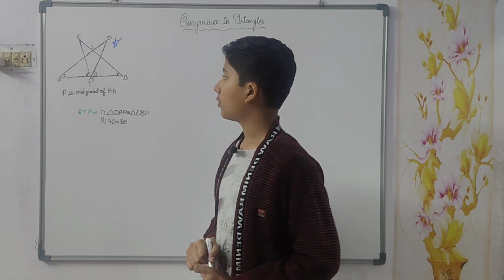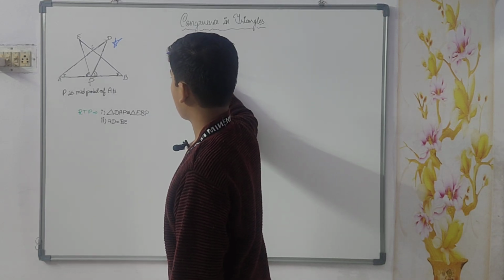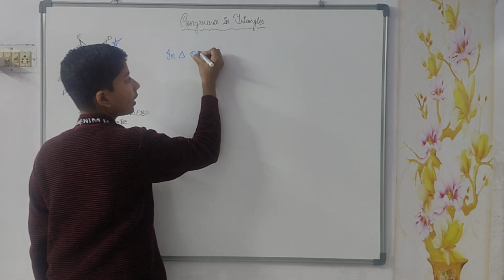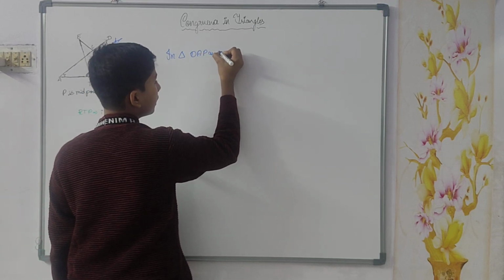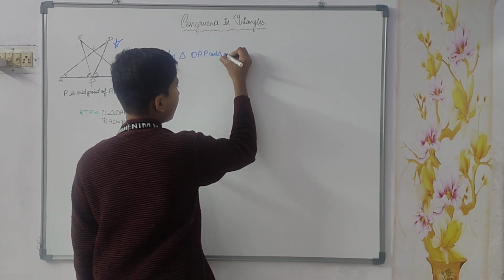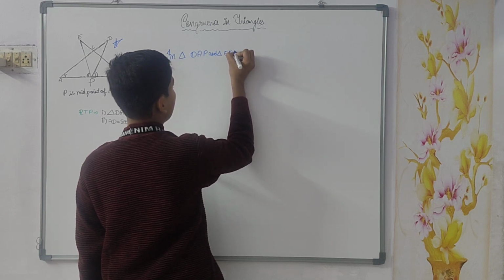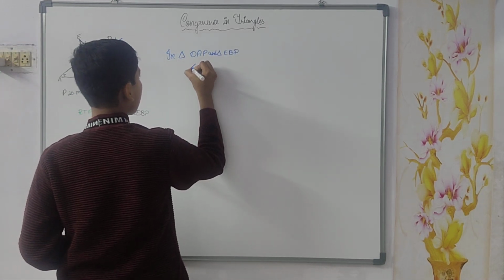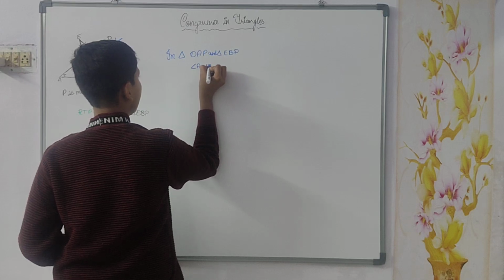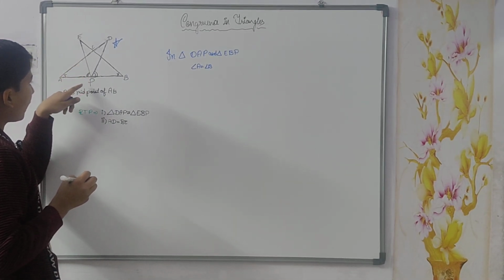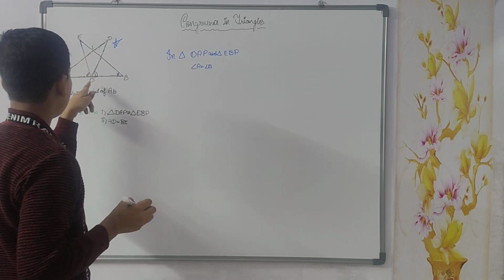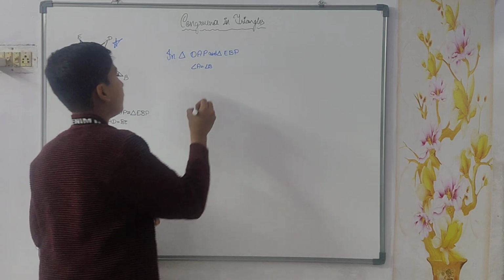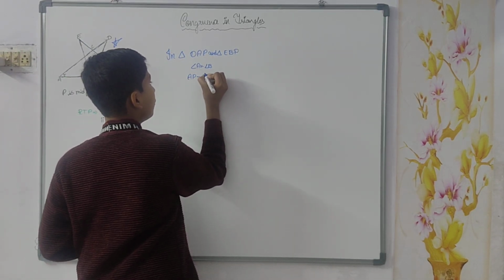Which triangle should you take? Okay. So now we'll write in triangle DAP and triangle EBP, what are the things common? Angle A equal to angle B. AP equal to PB.